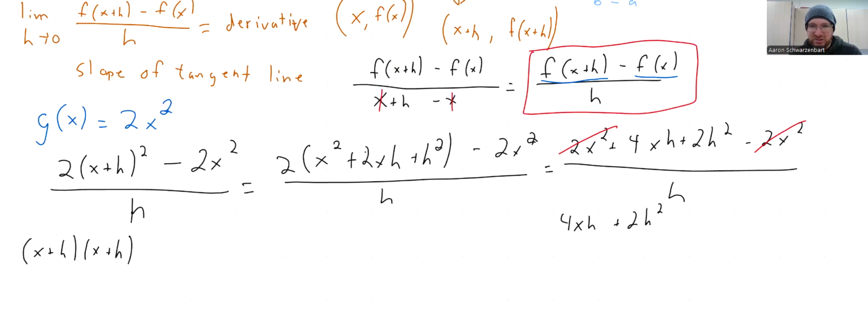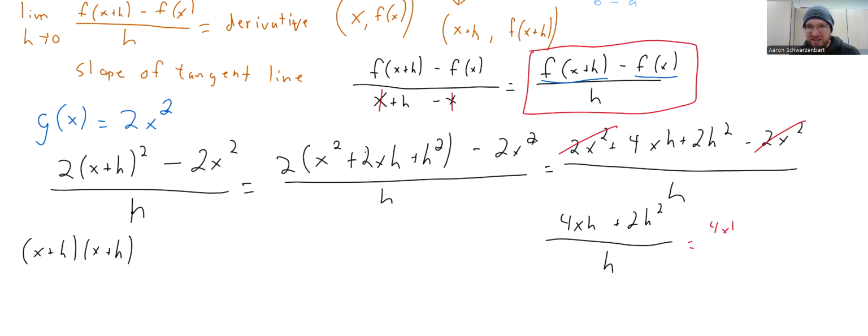And I told you I wanted the h from the denominator to cancel. I cannot cancel the h in the step above. I can't just cancel it from one term. It must be in every term, because equivalently, this is like saying 4xh over h plus 2h squared over h.